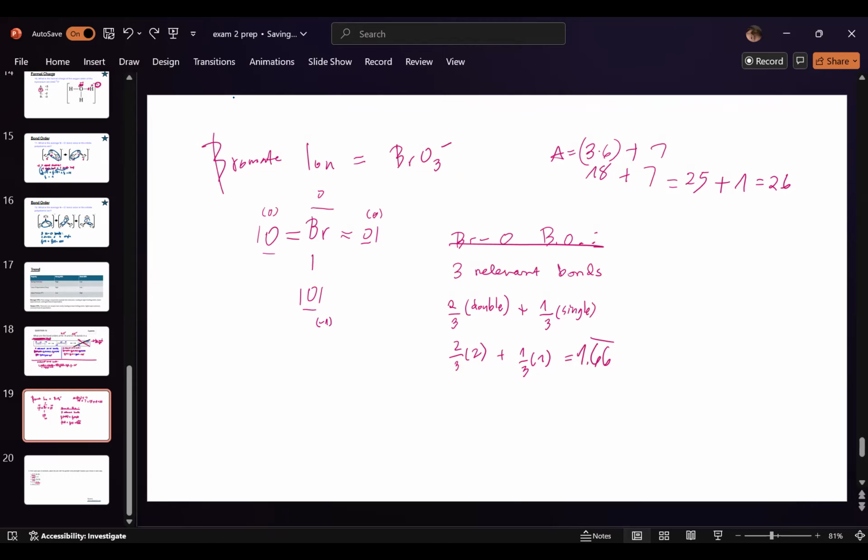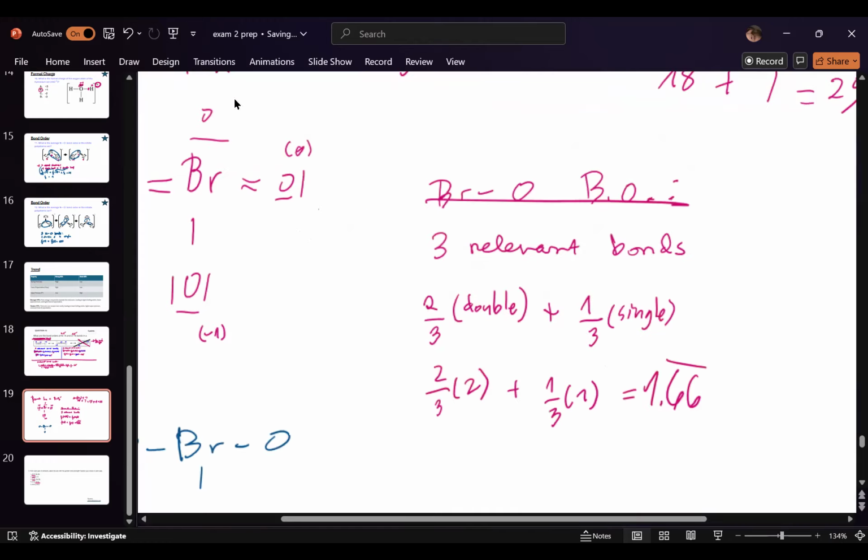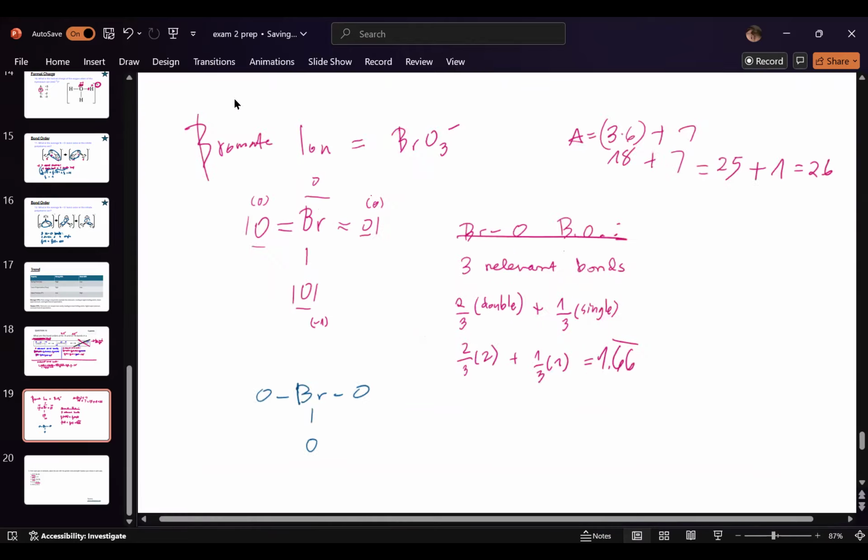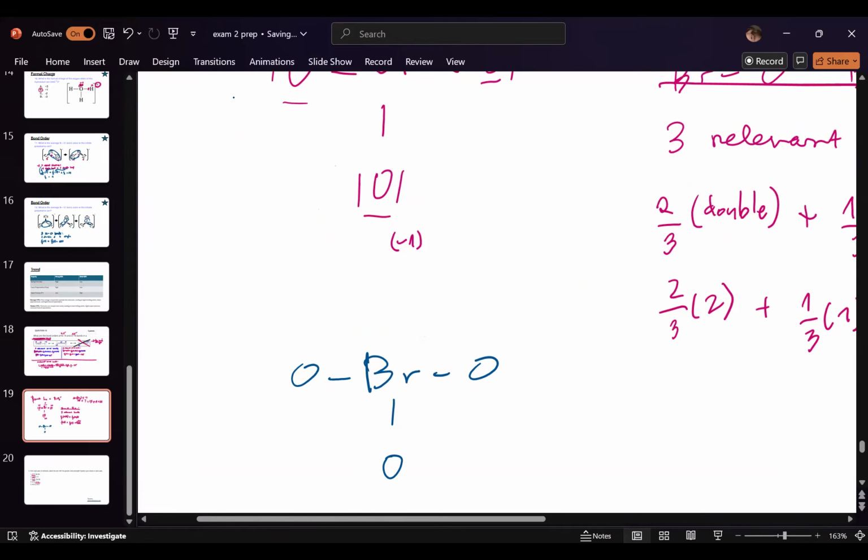Okay, so when you do count it, you might draw the structure like this. Can I draw, please? Br. I'll draw like here. So far I've used 6 electrons, and I want to count up to 26. A smart thing that I will do is fulfill the octet for everything.